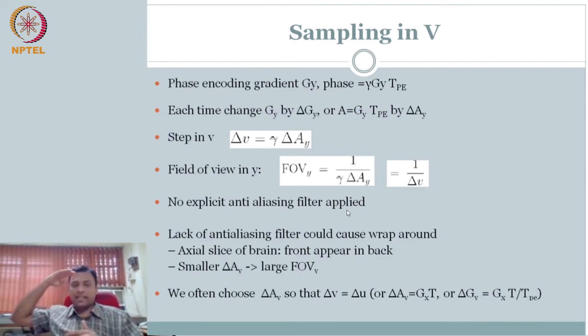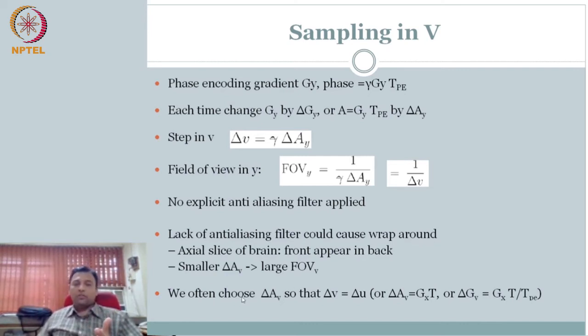If you are taking a head scan, the front part can go in the back. It will wrap around. So there is no anti-aliasing; you just refine the settings so that you know from the image whether aliasing has taken place or not. So the smaller the phase encoding step, the larger the field of view.